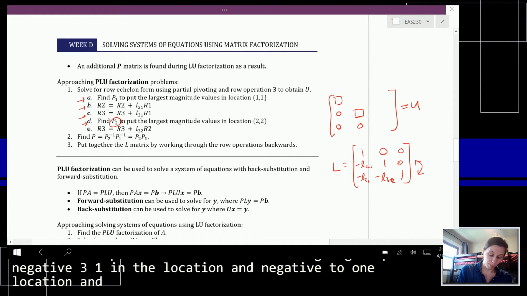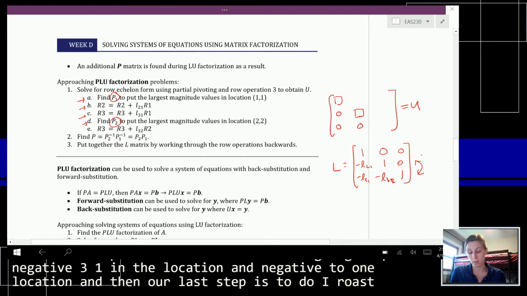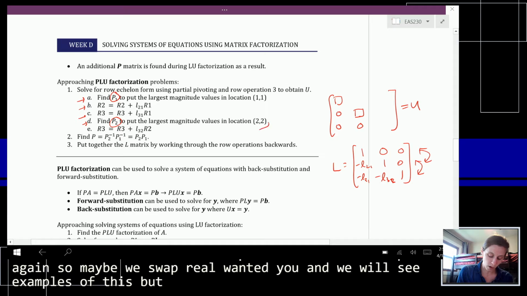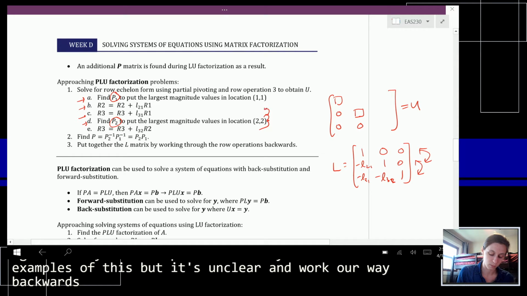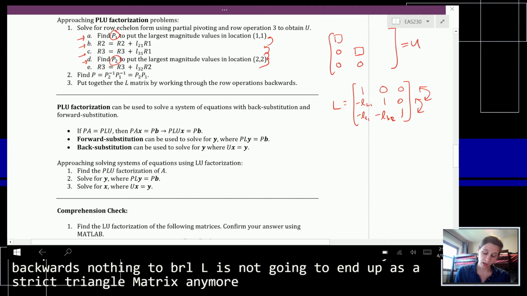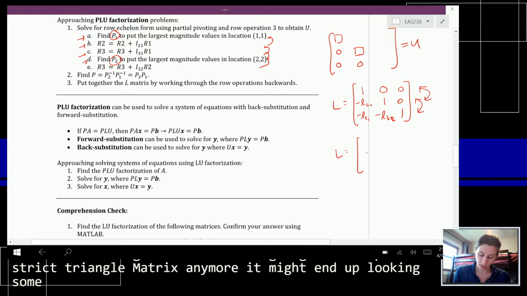And then our last step is to do our row swap again. So maybe we swap row 1 and 2. And we will see examples of this, but essentially we're going to work our way backwards. That's going to be our L. L is not going to end up as a strict triangle matrix anymore. It might end up looking something like this.